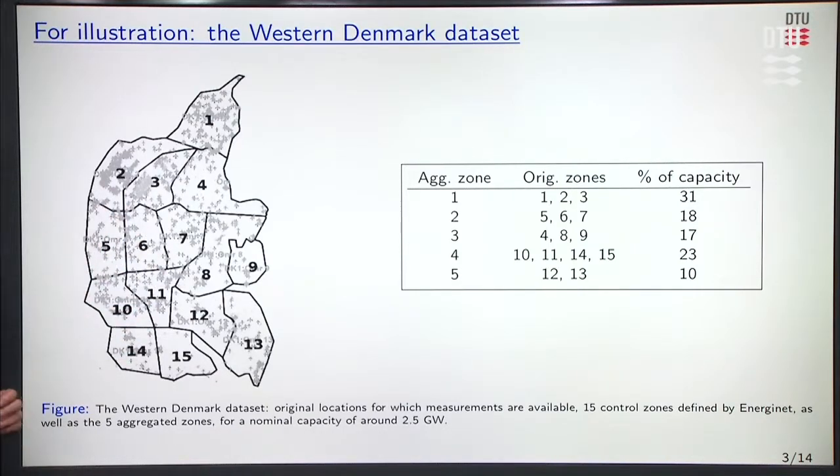For operation purposes, there are control areas that are defined by Energinet. Here in this dataset, there are 15 of these control areas. So one may already aggregate wind power generation for each and every of these control areas. And here, to make it even simpler, we've decided to have only 5 zones that are also aggregating these control areas.